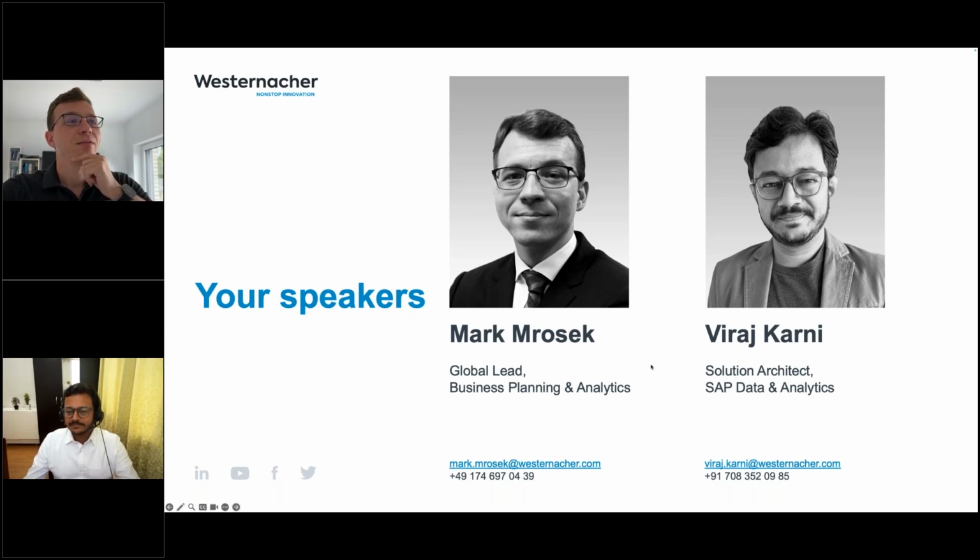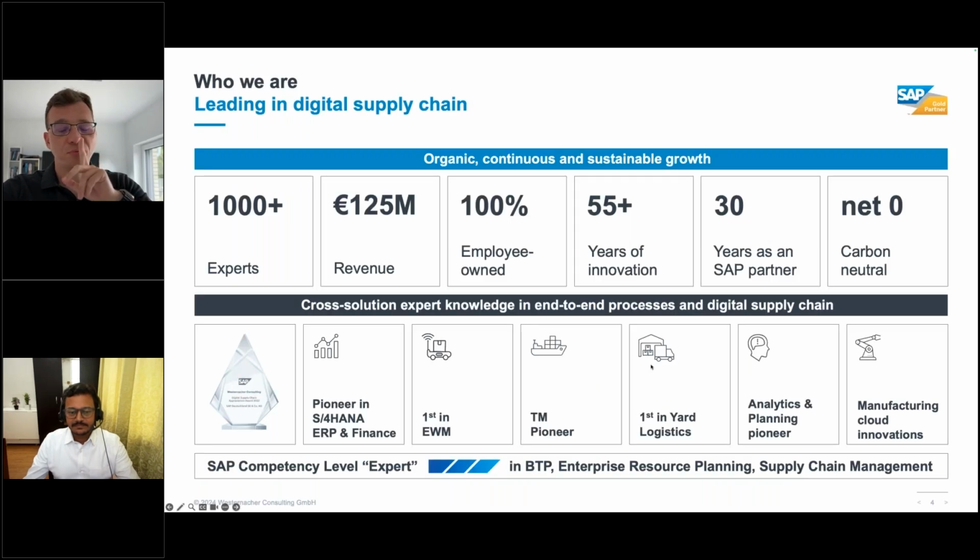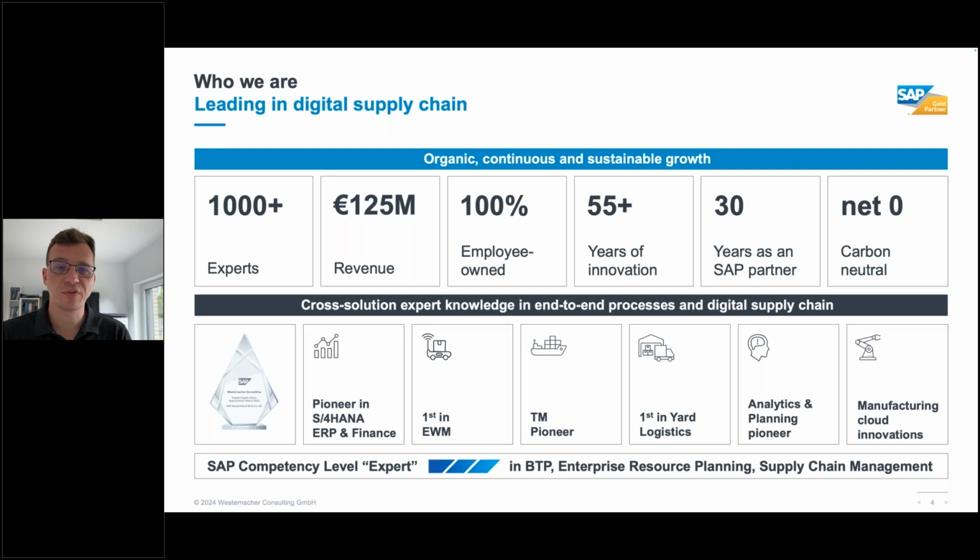Perhaps before we start, just a quick glance at who Westernacher is, if you did not have the chance yet to work with us. We are 55 years old, founded in 1969 in Karlsruhe, and more than 1,000 people strong across the globe. You will find us in Europe, Americas, as well as in Asia. Since 2021, we are net zero.